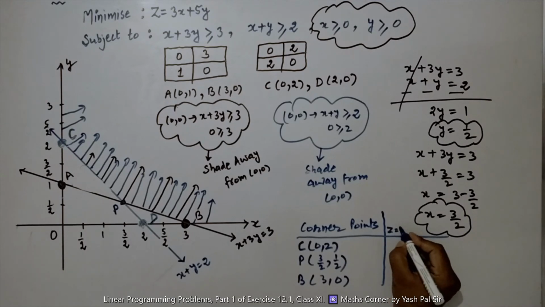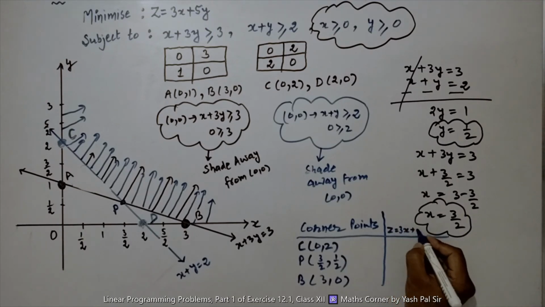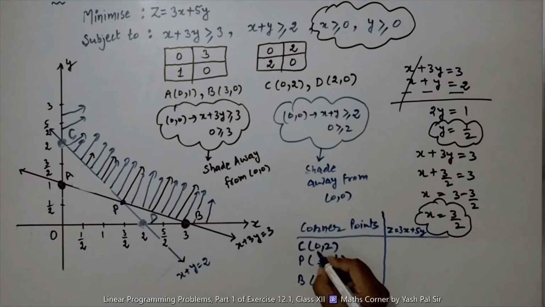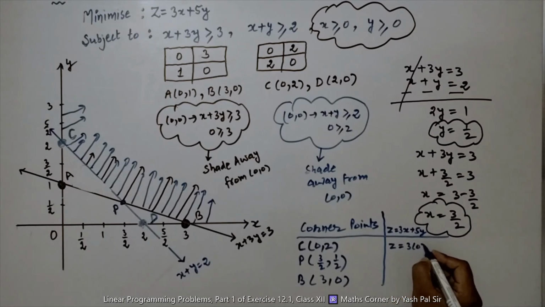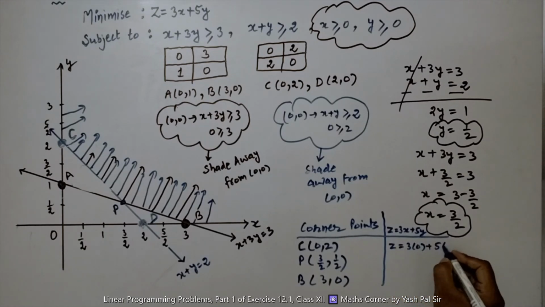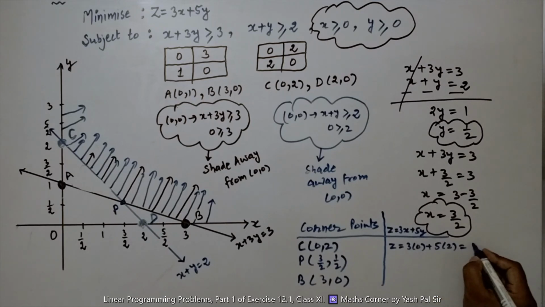Now we take what is Z. Z is equal to 3x plus 5y. We substitute one by one. Z is equal to 3 into 0 plus 5 into 2. Answer is 10.